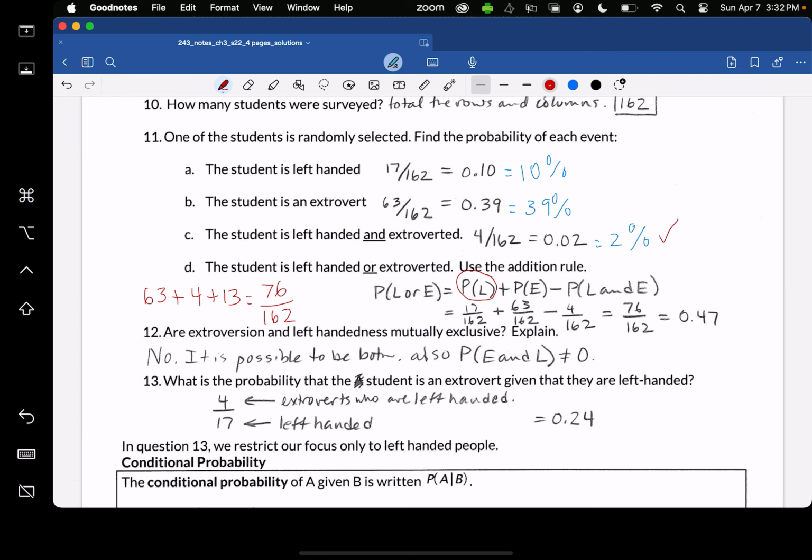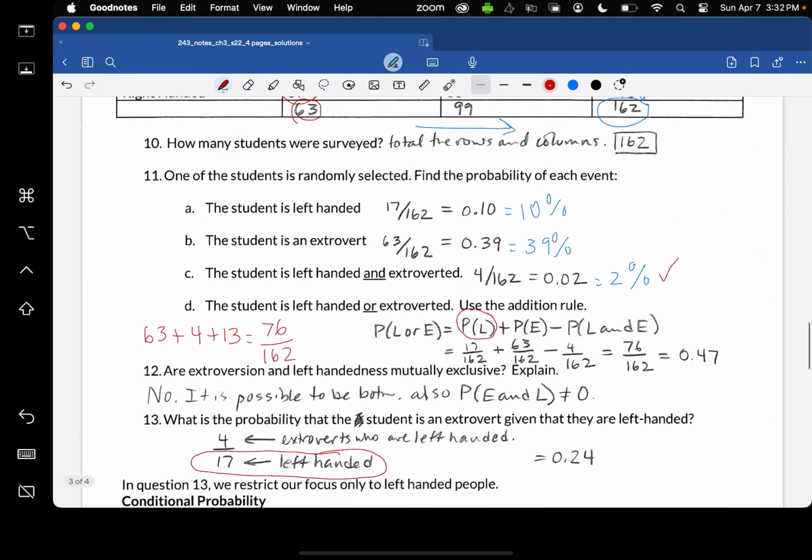Now, conditional probability, you might have learned about this in Math 105. What is the probability that the student is an extrovert given that they are left-handed? When we say given that they are left-handed, that means that our denominator isn't 162 anymore. We're only looking at left-handed people.